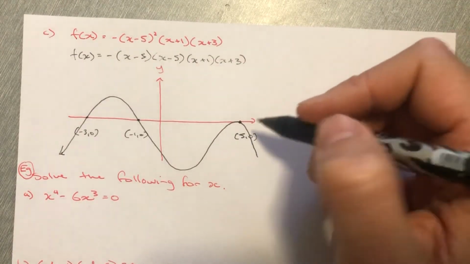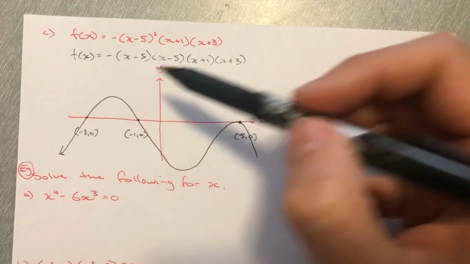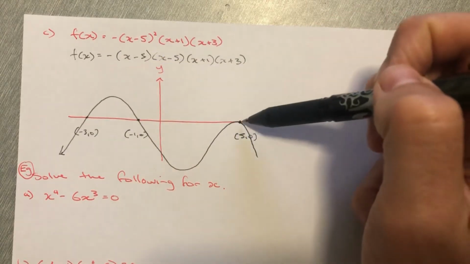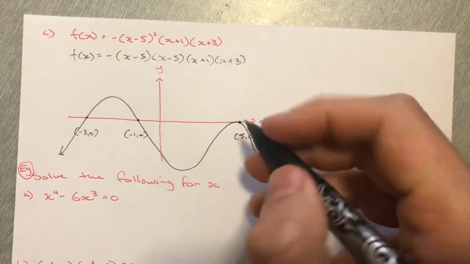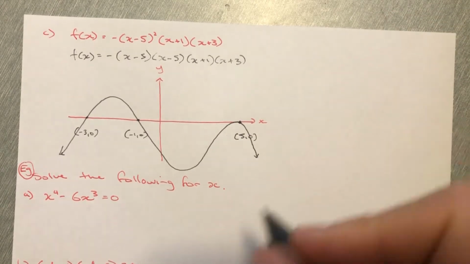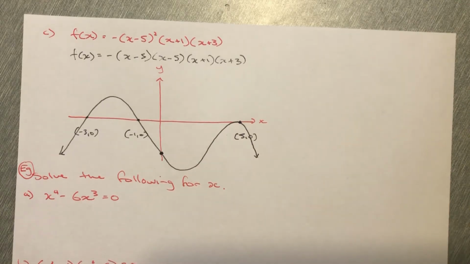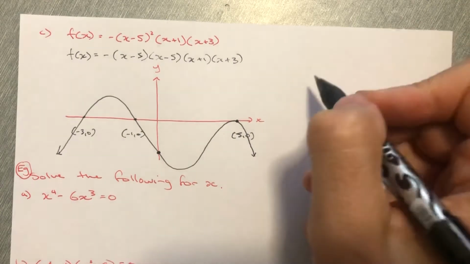Here we go. So we've accounted for all those x-intercepts. We have the curve bouncing off that one, turning point on the x-intercept. The only other thing we need to show now is this y-intercept here. So same as before, make x equal 0.